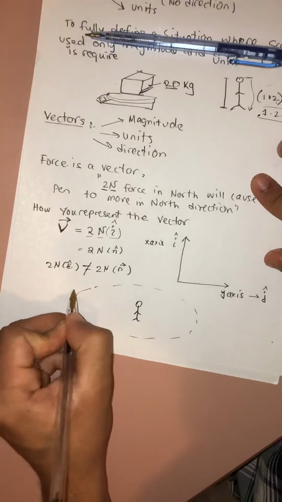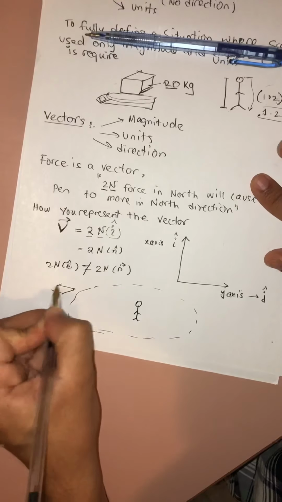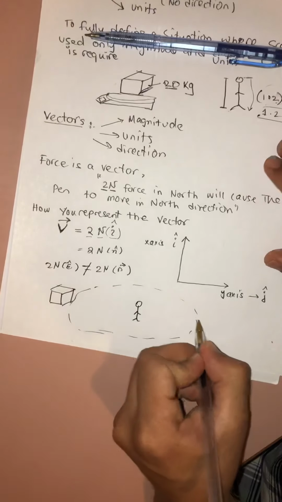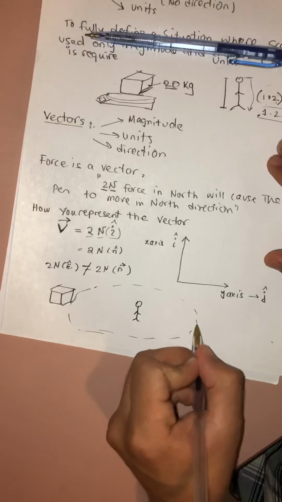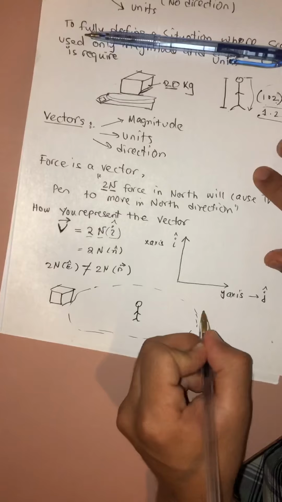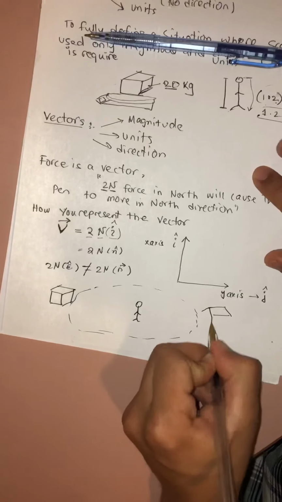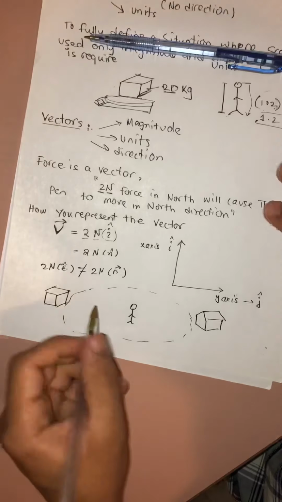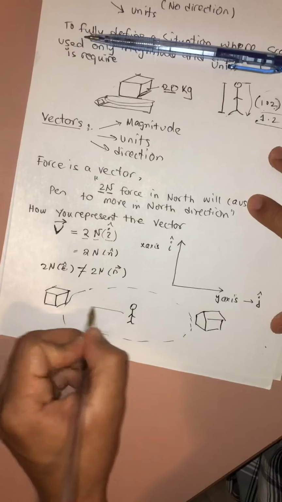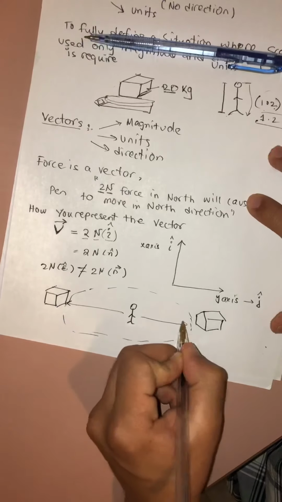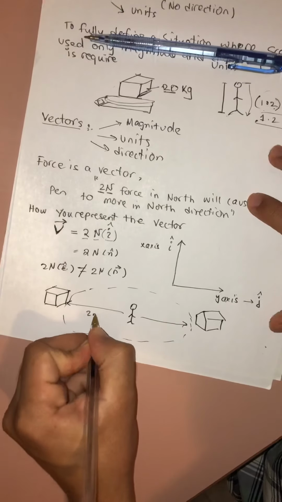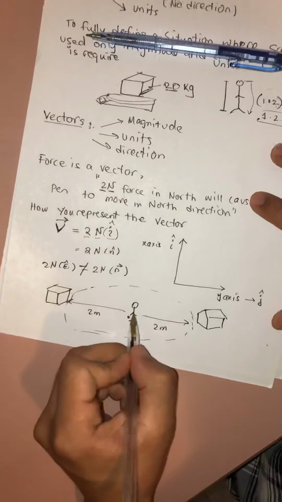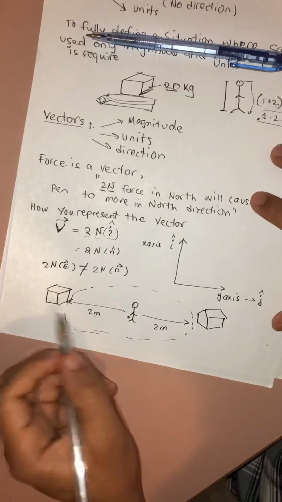Here you have your house, and here, in the total opposite, you have your school. Because this is a circle, the distance between this and this is the same. Consider it's 2 meters. So you are at the center, you want to go to your house.